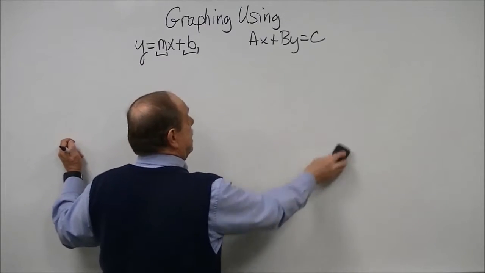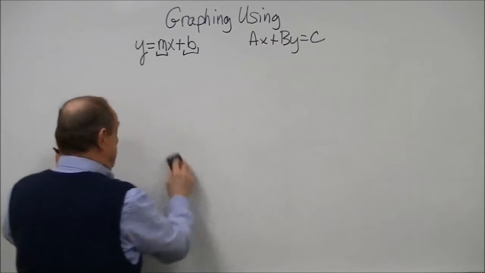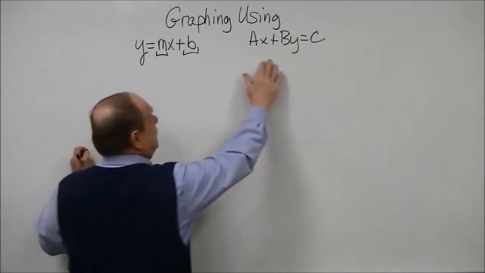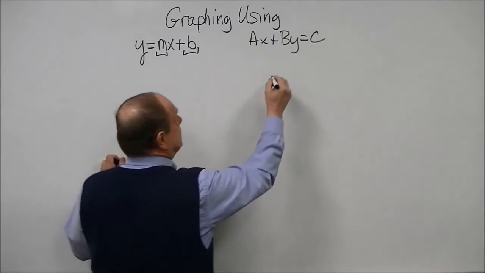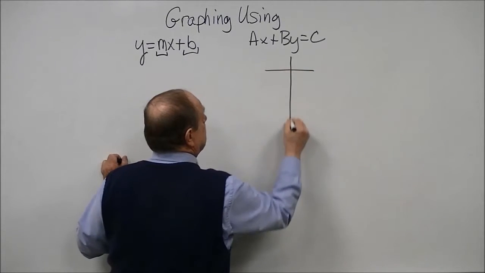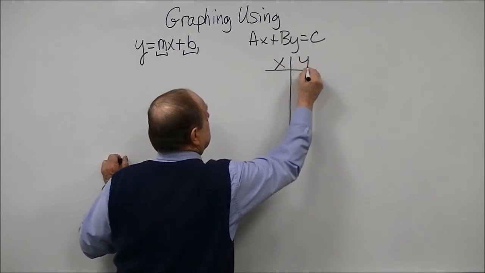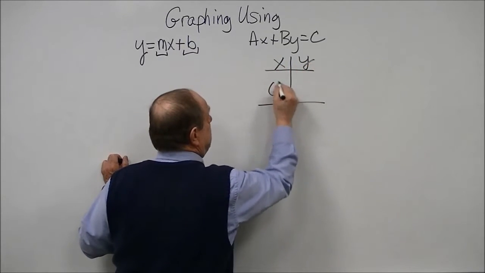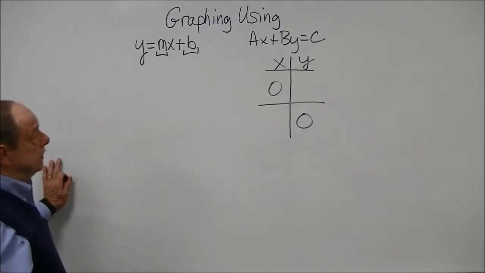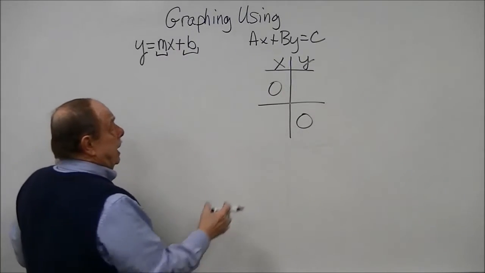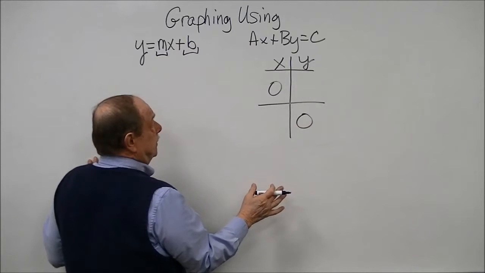Now, when we are using standard form, what I'm suggesting is that you make a special t-chart, which I'm calling the x and y-intercept t-chart. And that's what this is.